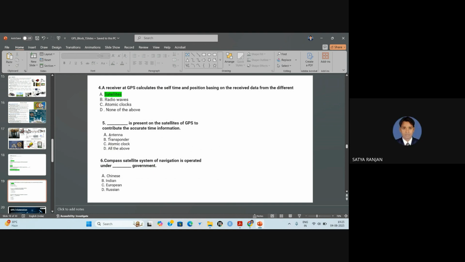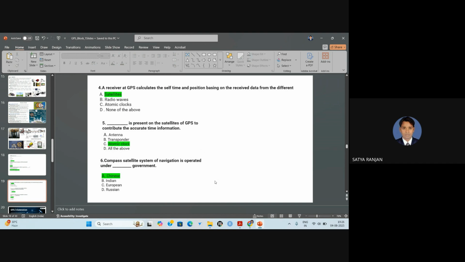Recently we discussed that an antenna is not a time related issue. Atomic clocks give the time. Then the Compass satellite navigation system is operated by China. India has IRNSS, Europe has Galileo, Russia has GLONASS.